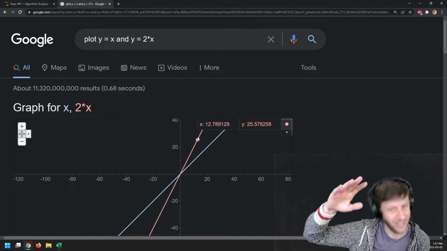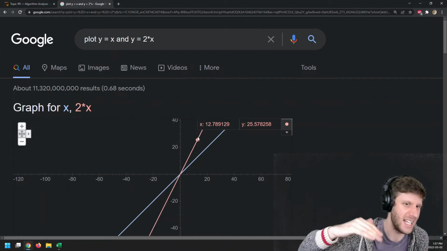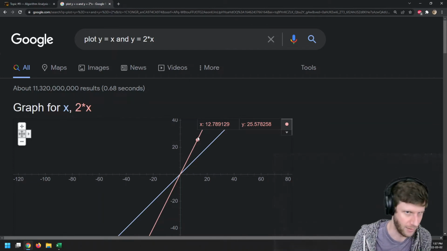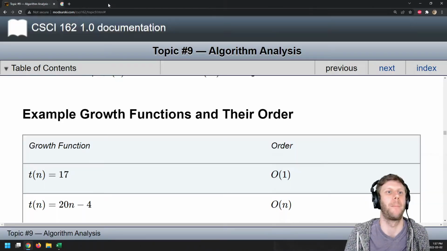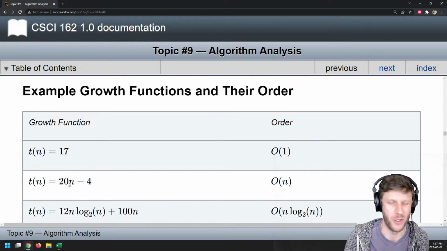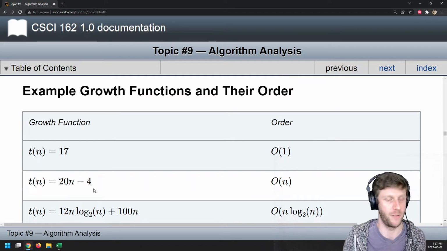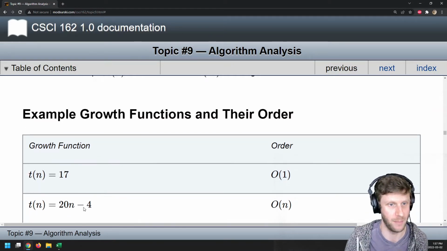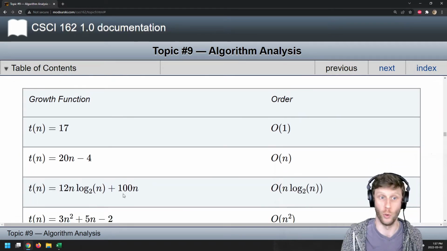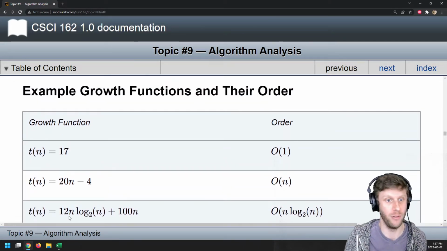It scales where it is, but at the end of the day, the function is still a straight line. That's what I mean by the coefficients don't matter. So if I see something that's 20 times n minus 4, that's big O of n. Ooh, this is a tough one. 12n times log base 2 of n plus 100n.